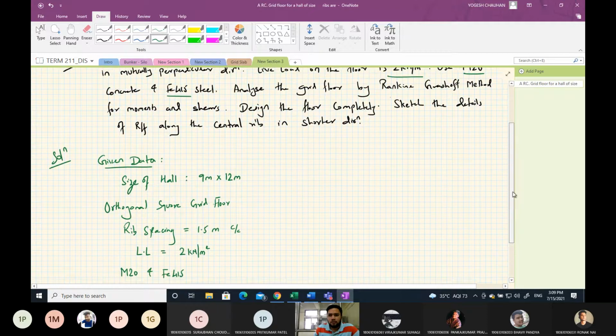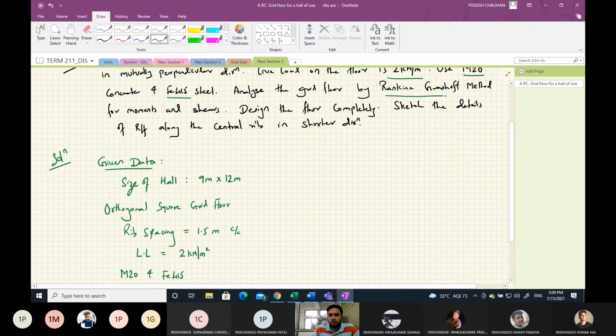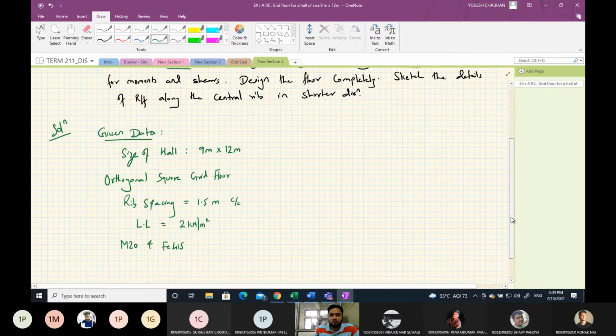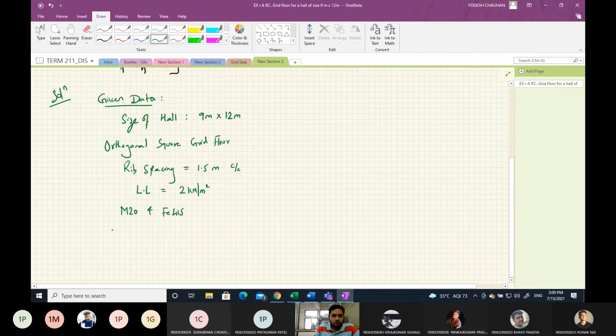And we have to adopt the Jenkins-Grashof method to find the moments and shear force.